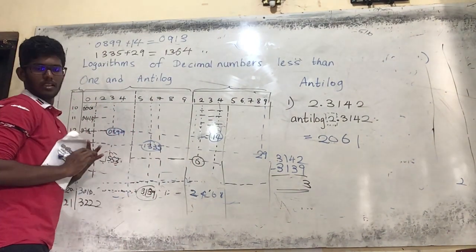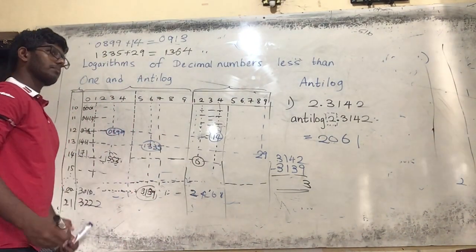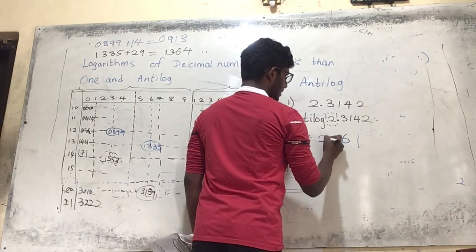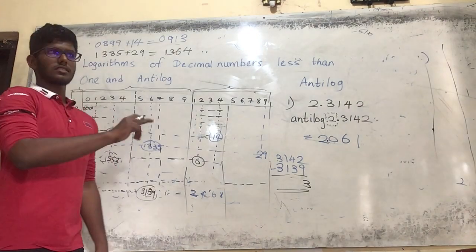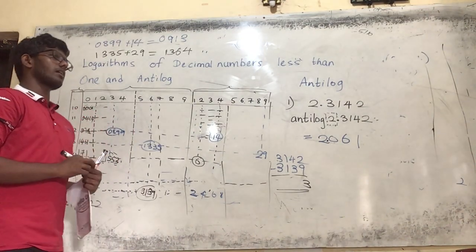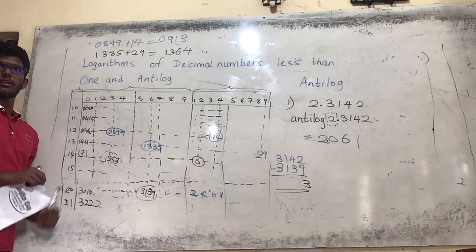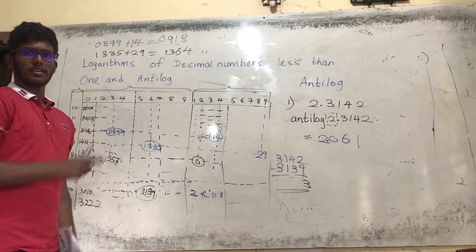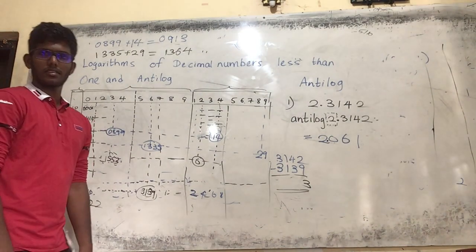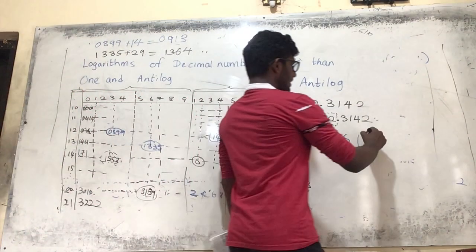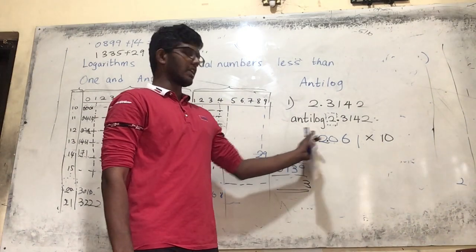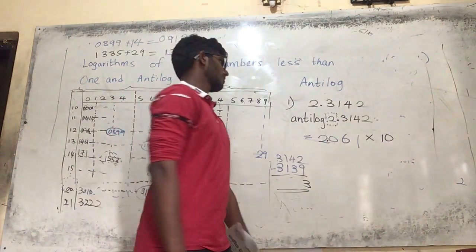Okay. Once you come up to that point, you put the decimal point just after the first number. Whatever the number it is, just put the decimal point after the first number. Then write 10.